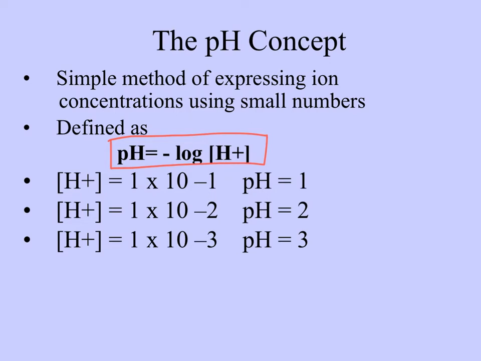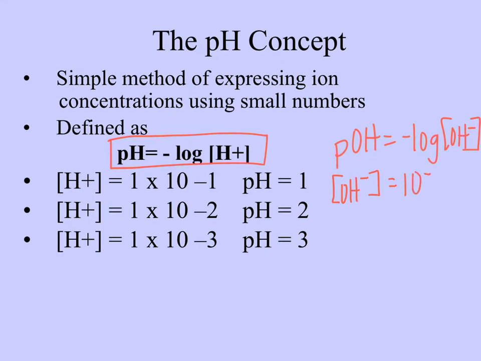There is an equation that's also similar to this one, and it is for pOH. So this would be the power of hydroxide, the negative log of OH minus. If you wanted to find the inverse, for example the concentration of OH minus, then it would be 10 to the negative pOH.